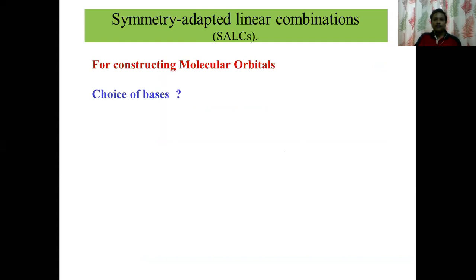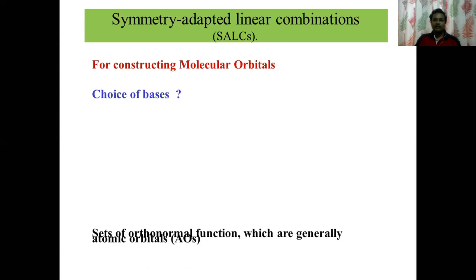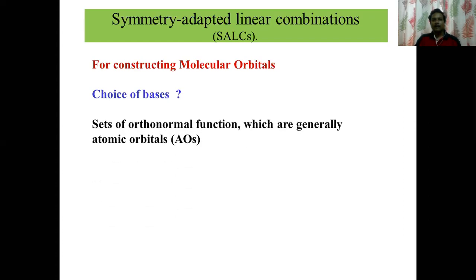For constructing molecular orbitals, we will do it exactly in a similar way to what we did for the vibrational analysis. So first thing is that whenever we want to construct the molecular orbitals, what is going to be the choice of bases, right? As we know, the molecular orbitals are coming from the atomic orbitals.